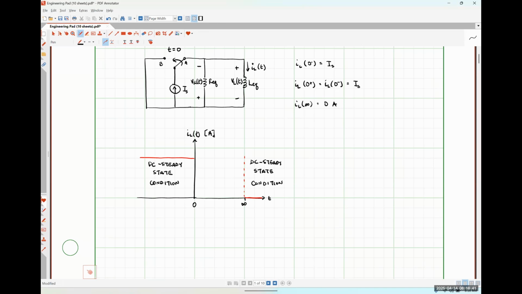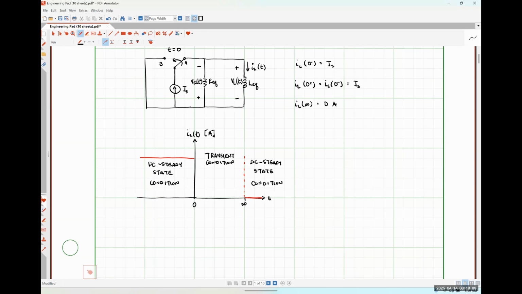Everything that's going on between t equal to 0 and t equal to infinity is what's called our transient condition. And this represents how our circuit is behaving or responding to that change that happened whenever we flipped that switch.